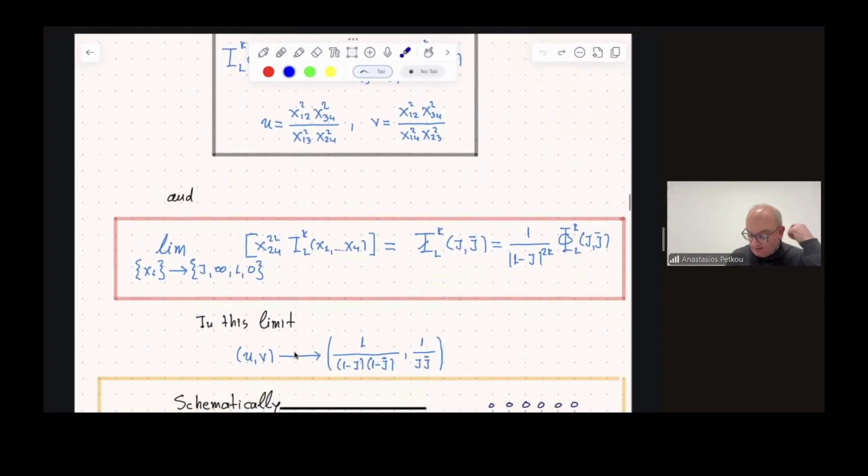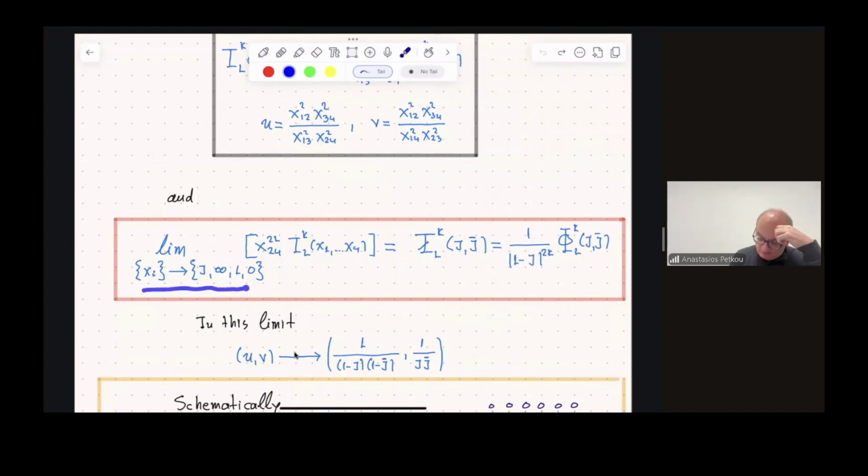Using conformal invariance, if you multiply by x4 to the power 2l, and you take the limit, which will be shown later, you take a particular limit, you fix 3 of the 4 points and you keep just one, to this Greek zeta. This is Greek zeta, and you will see why. This becomes a function of zeta and zeta bar.